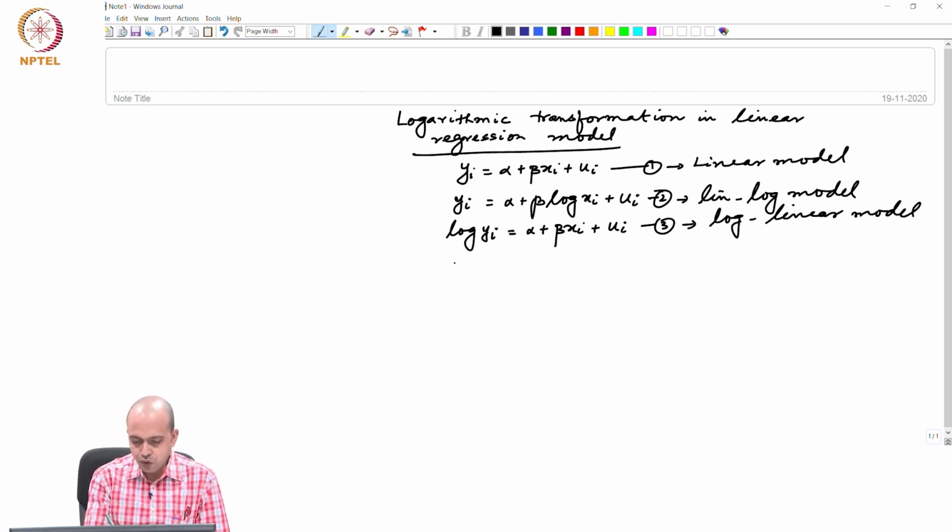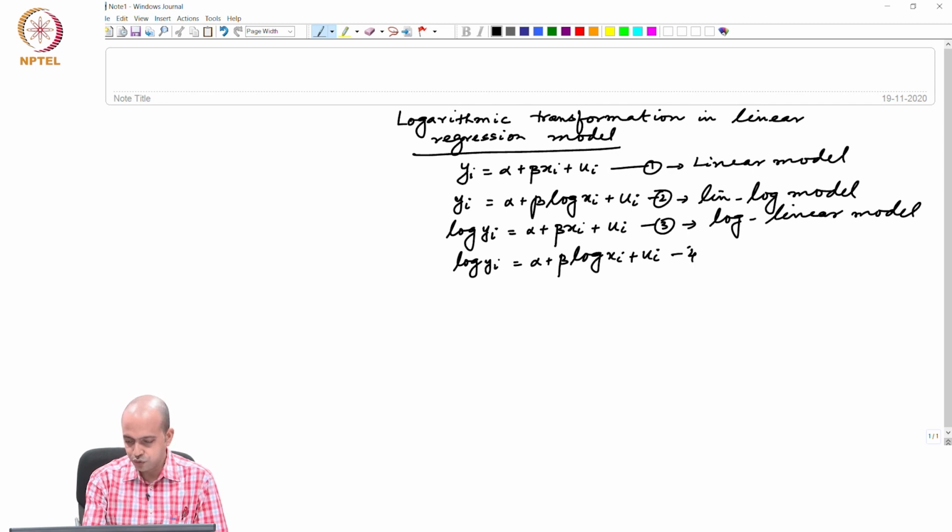And possibility 4 is log of yi equals alpha plus beta log of xi plus ui. This is model 4, which is called the log-log model, or sometimes it is known as the double log model.